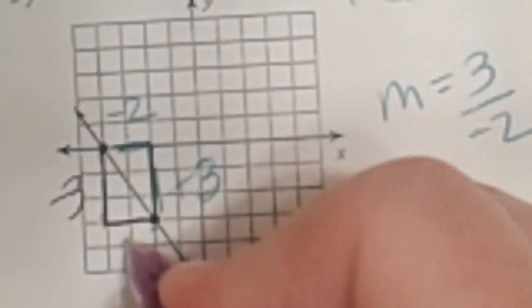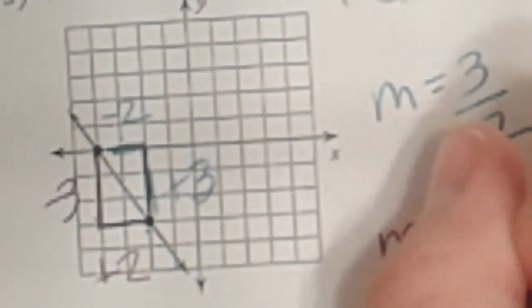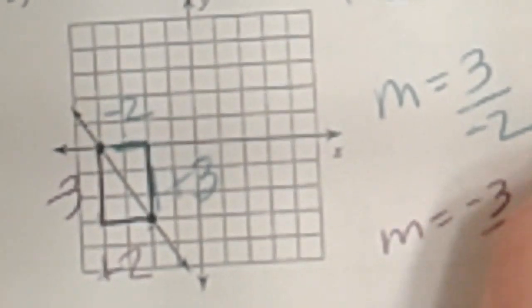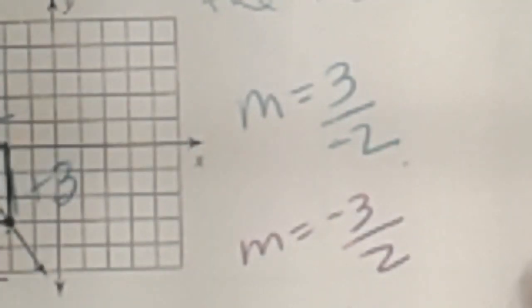But I went to the right how many? 2. And going to the right is a positive motion. Therefore, my slope is going to be -3 over 2. Are these the exact same thing? Yes, they are. So it does not matter, again, which route you go. You're going to come up with the exact same thing if you remember your directions.